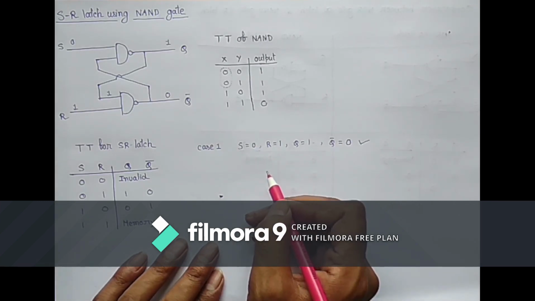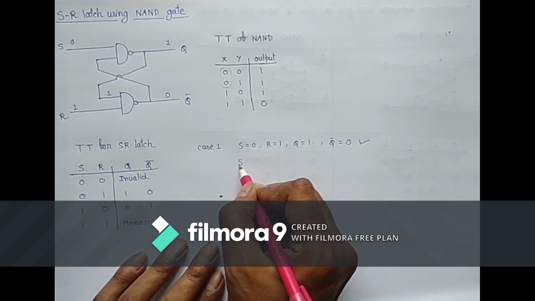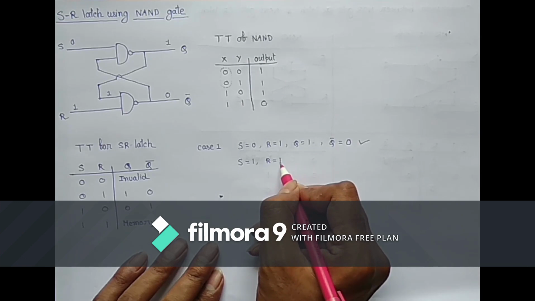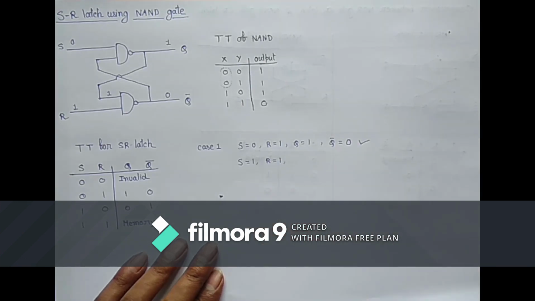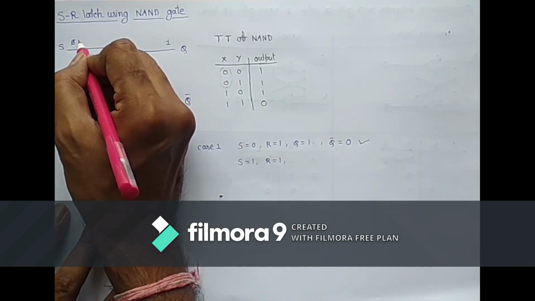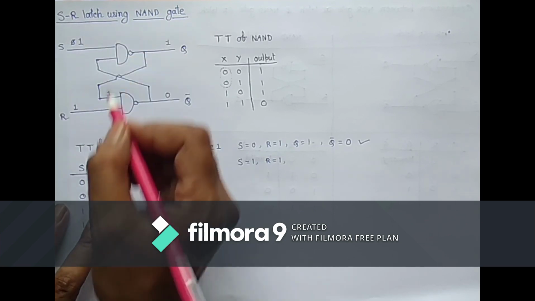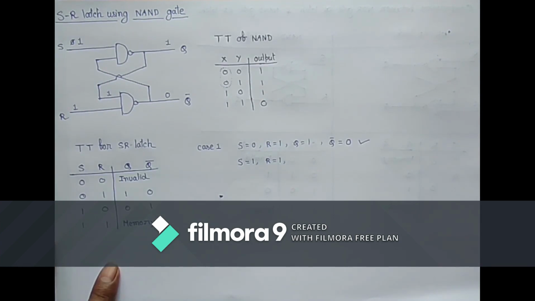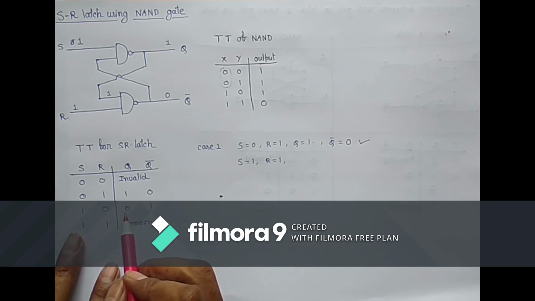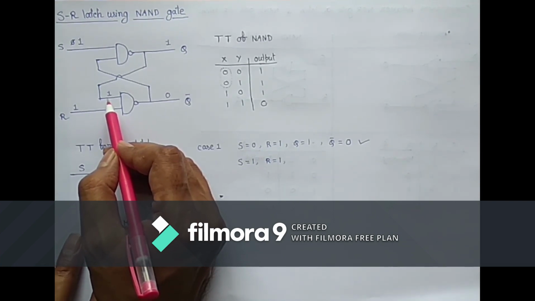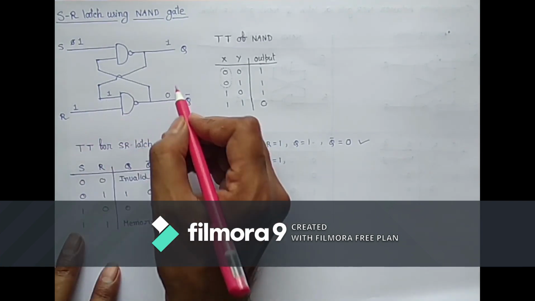Let's put the input S equals to 1 and R equals to also 1. Now the previous output of Q was 1, so 1 comes here, 1 1 is again 0.